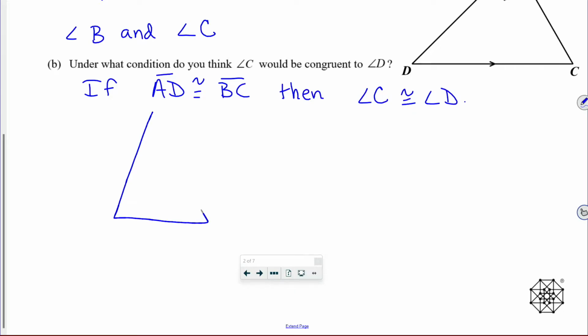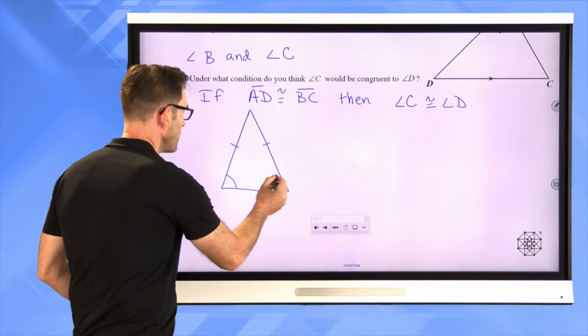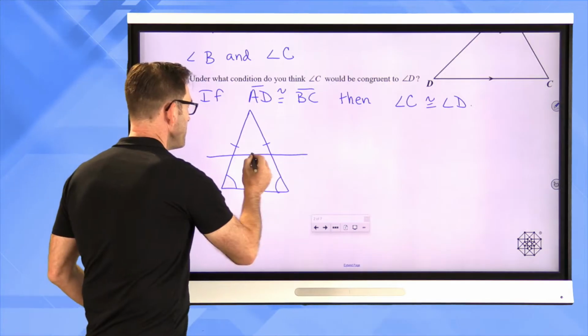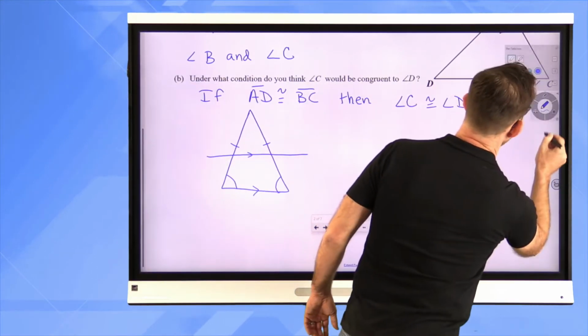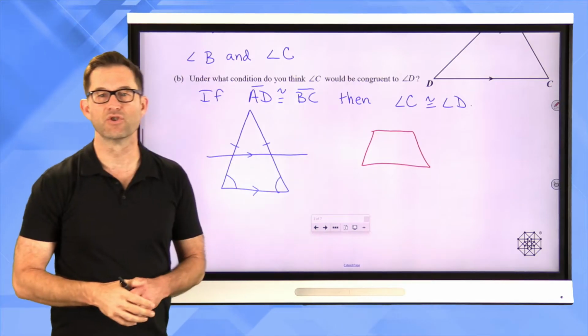If I had an isosceles triangle, and we know in an isosceles triangle that the base angles are equal, and then we came along and sliced it with a parallel line, thus creating this figure, what we would then have is exactly that situation.